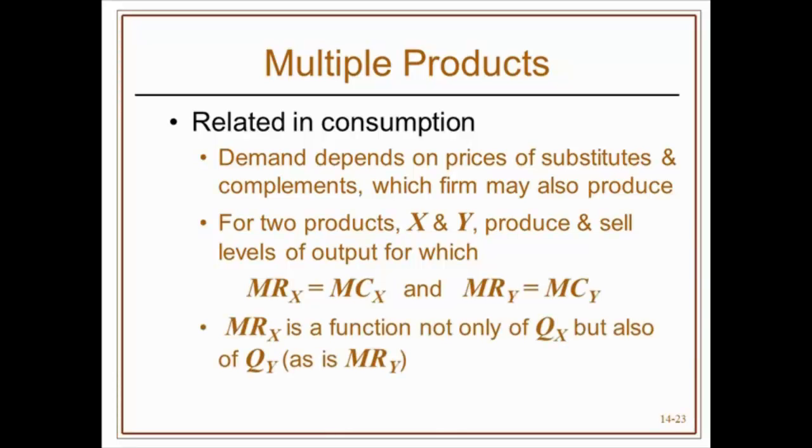What gets tricky now is that the demand for X and the marginal revenue of X depends not just on X itself, but on the amount of Y that's consumed, if Y is a substitute or a complement. And so this introduces a lot of trickiness. I guess we bring it up here just to mention it, because solving this requires a lot of messy algebra. So we're actually not going to jump into it more here, just to kind of introduce you to this possibility that firms may find themselves in these kinds of situations.